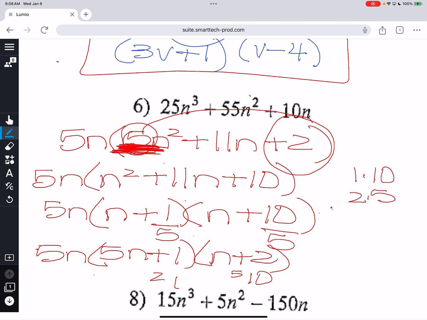Wait, so if I do it the other way, 5n, and then n plus 1, n plus 10 would be the right answer. So then why would we even do the other way? This is longer. This one is pretty straightforward, this particular problem.